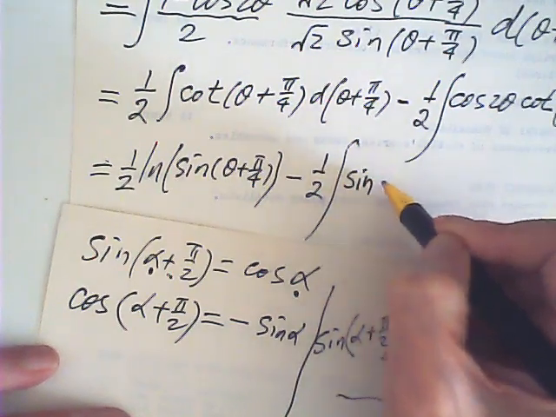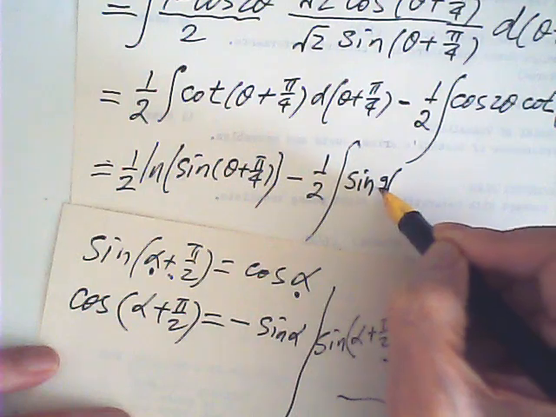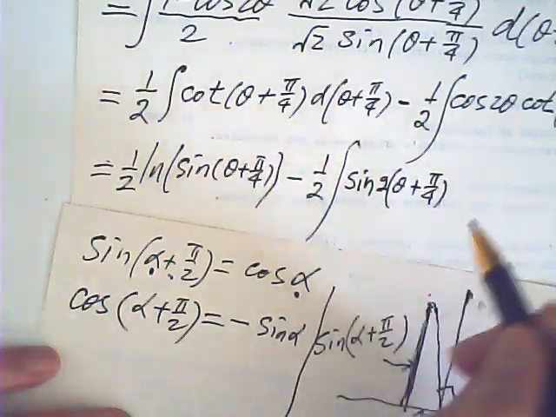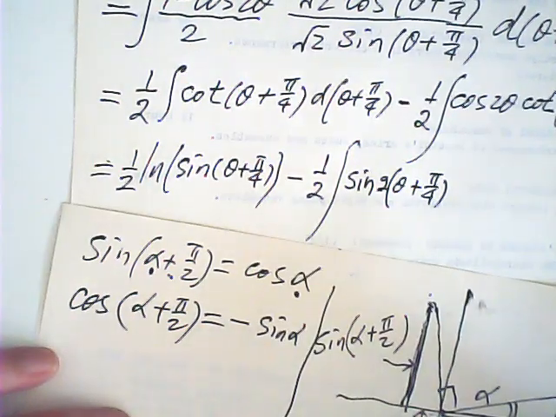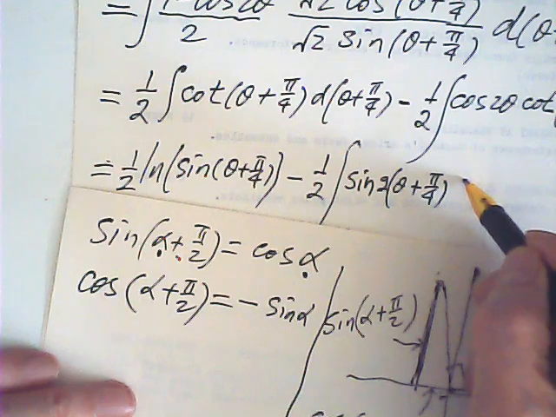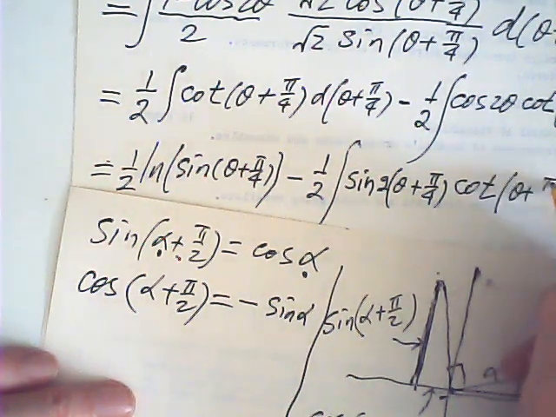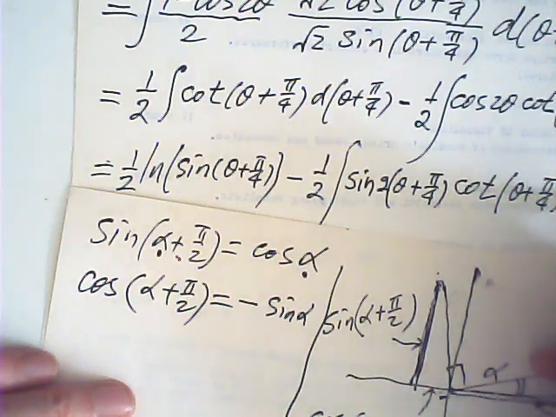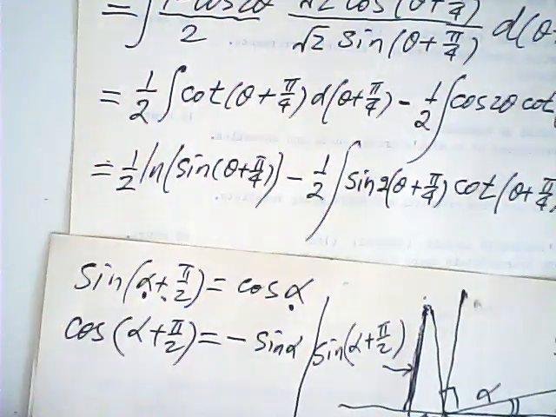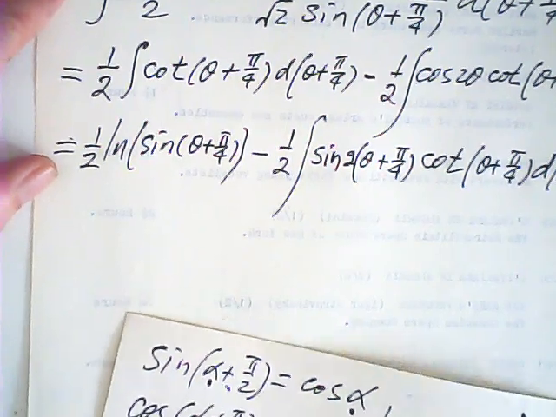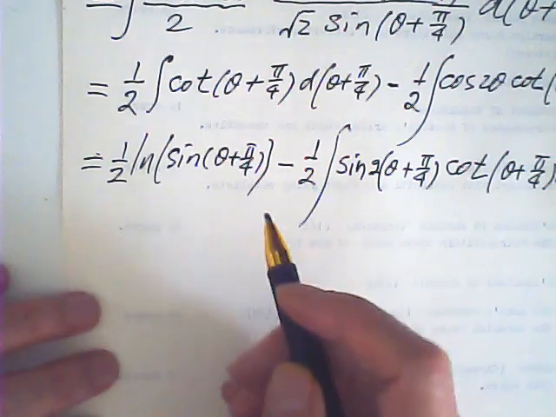Sine of 2 times theta plus quarter pi, right? This means 2 theta plus half pi, times cotangent of theta plus quarter pi d of theta plus quarter pi. Wow, have to be very careful.